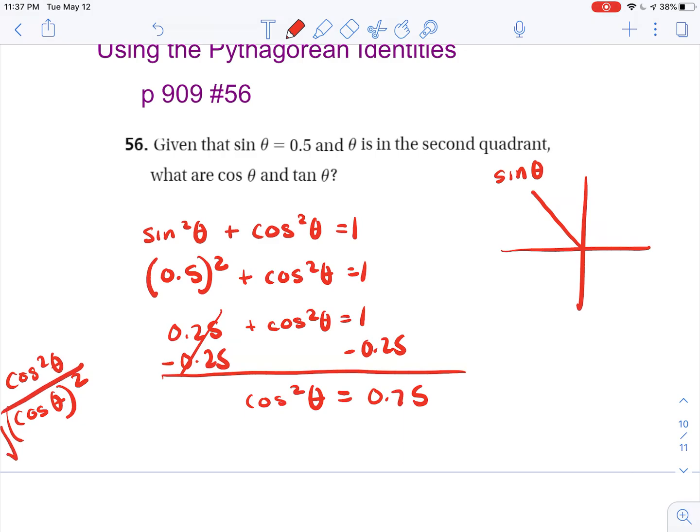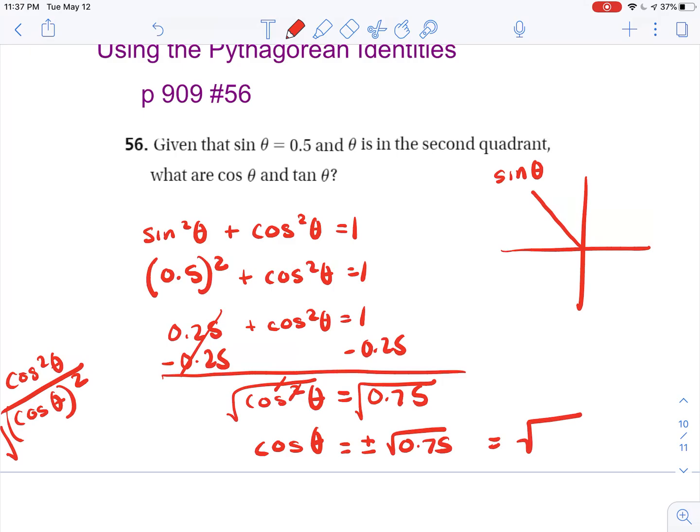Well, we know cosine squared theta is equal to cosine of theta squared. Now, if I wanted to get rid of that square, we know that square root can cancel it out. So if I take the square root of both sides, it will cancel out the square and leave me with just cosine of theta. On this side, we get plus or minus the square root of 0.75.